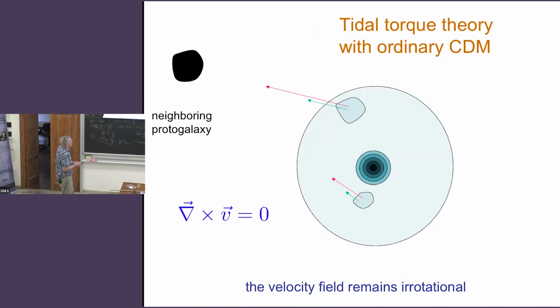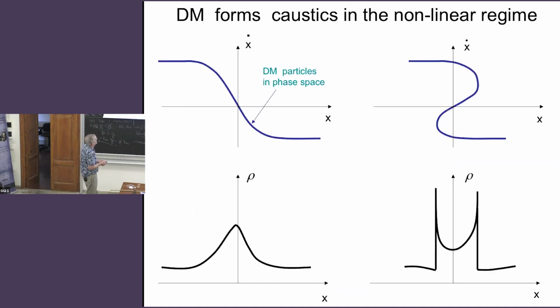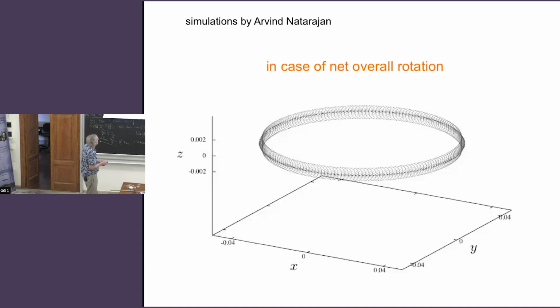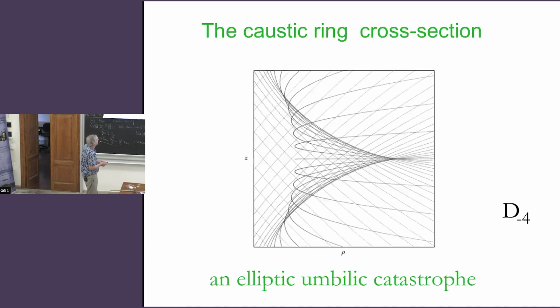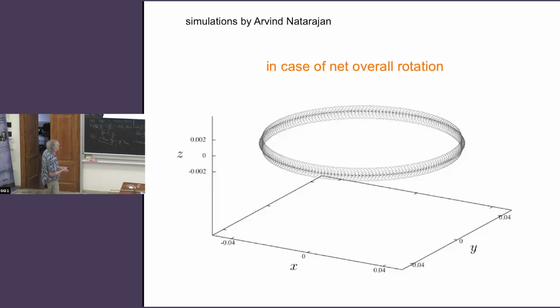In the case of CDM, the velocity field must remain irrotational. In the case of axions, it can acquire vorticity. The caustics are different in the two cases. This is the case of WIMPs, and this is the case of axions.